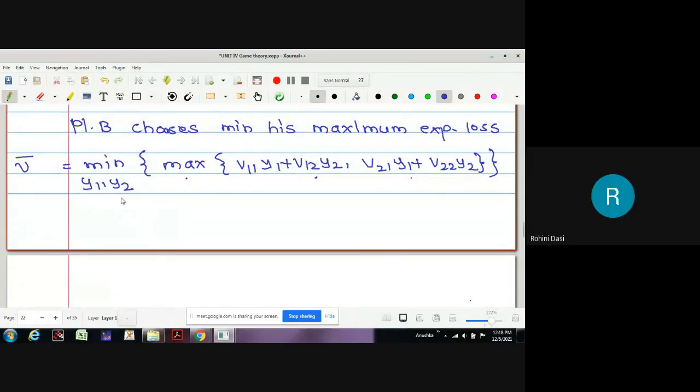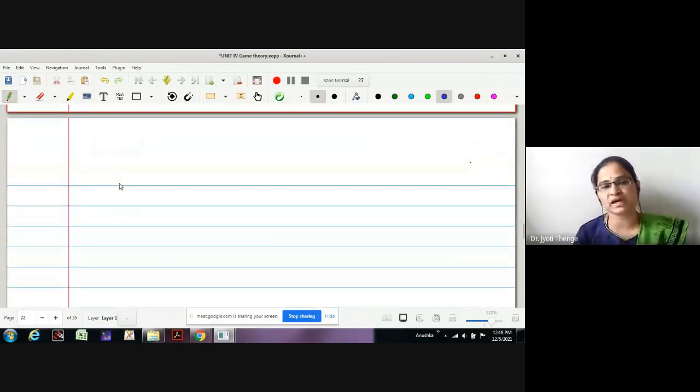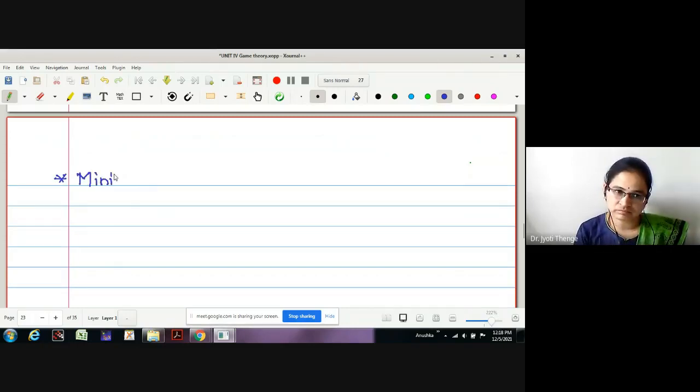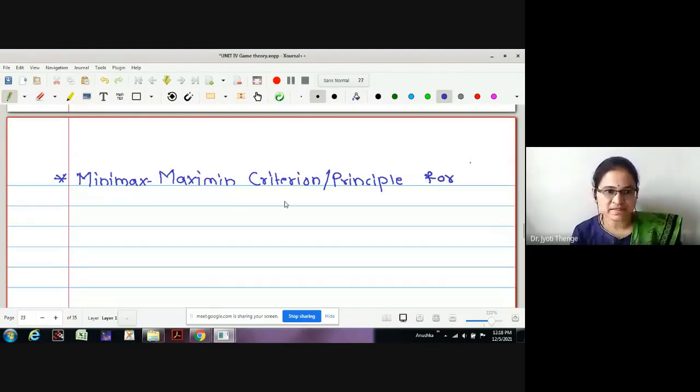No, ma'am. Okay. Now we will generalize the idea if both the players have a number of activities. Therefore, let me write a heading: min max and max min criteria or principle for mixed strategy games.